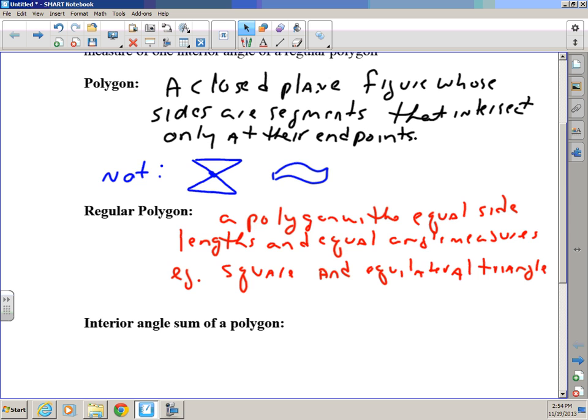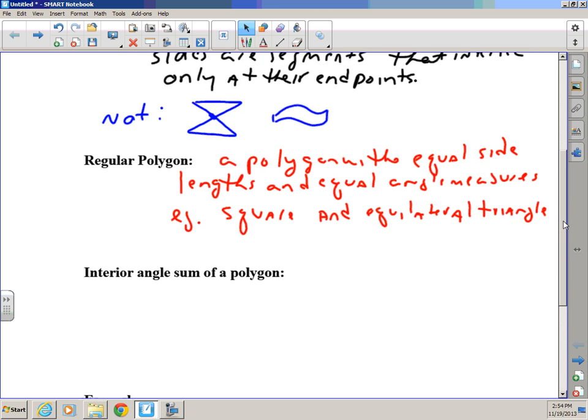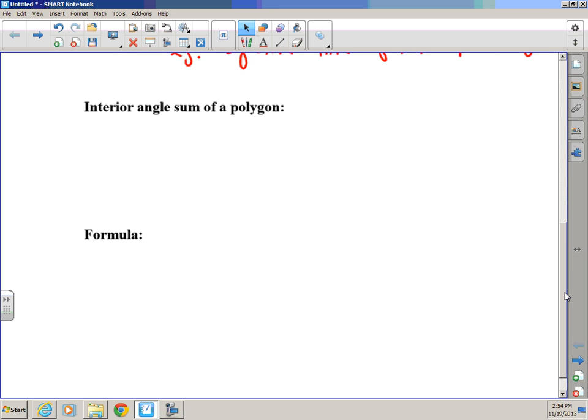Now, the rule for the interior angles of a polygon is very straightforward. The words may sound a little bit confusing, but once we go through some examples, you'll get the idea.